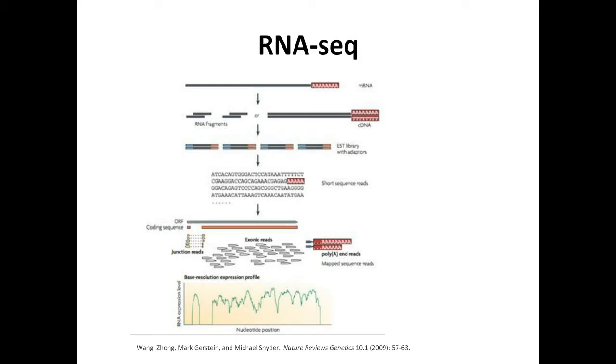We send the cDNA libraries for sequencing. After sequencing, people receive a large amount of data, small sequence reads, like this example. These will be 100 or 50 base pairs, depending on the protocol you use.